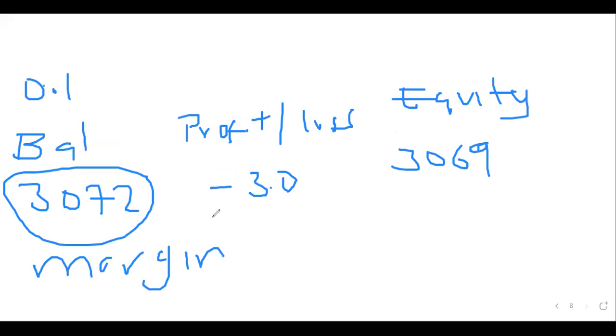Now your margin is the amount required to open a trade and maintain that position. So let's assume that on this trade, the margin required is $1,000 on this lot size, because margin is actually a function of the lot size and the leverage.